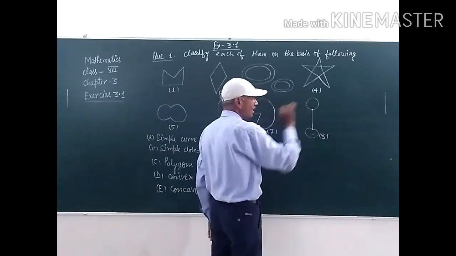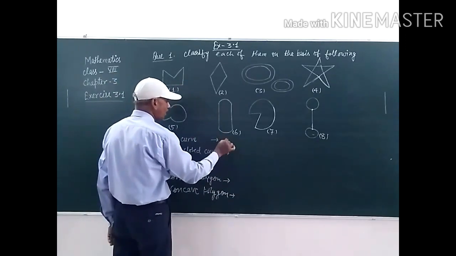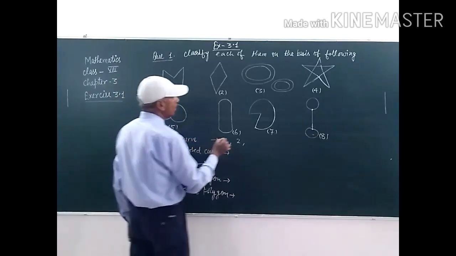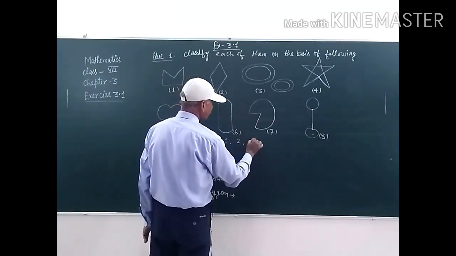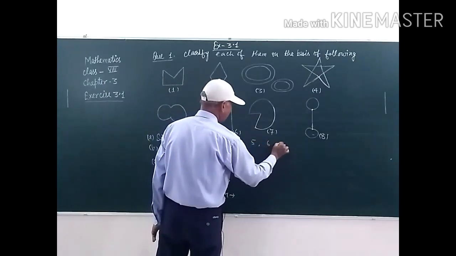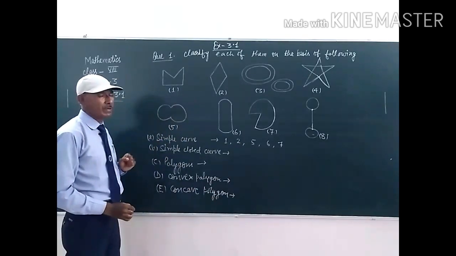So, it is not a simple curve. So, our answer is figure number 1, figure number 2, figure number 5, figure number 6 and figure 7. These figures are simple curves.